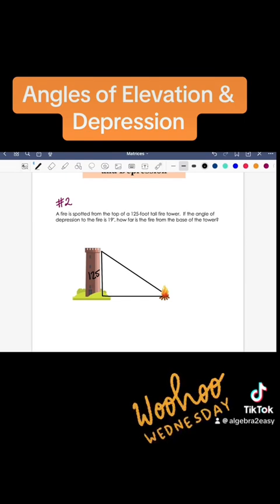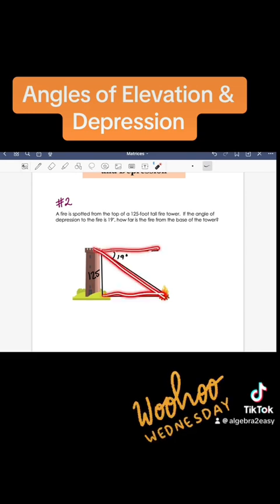So essentially what's happening here is we're saying that this angle is 19 degrees. Well, what you have here are alternate interior angles. All right, you have parallel lines being cut by a transversal. This is the angle to which we are looking down at the fire.